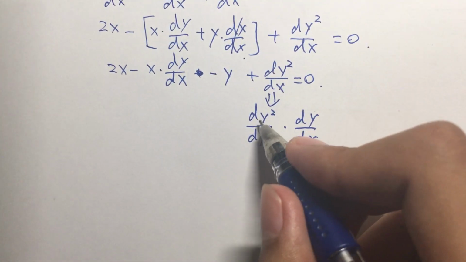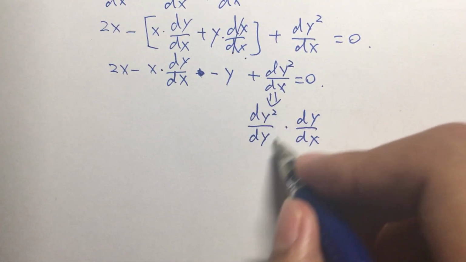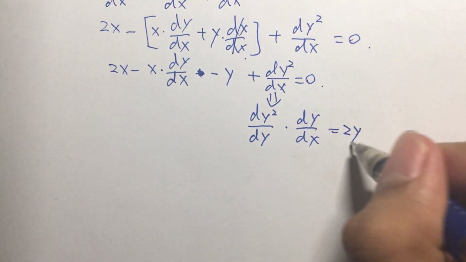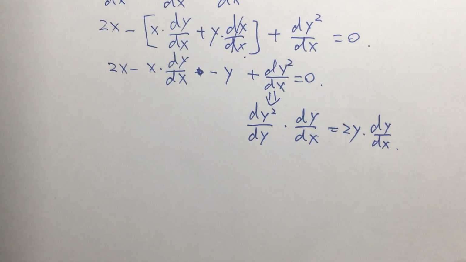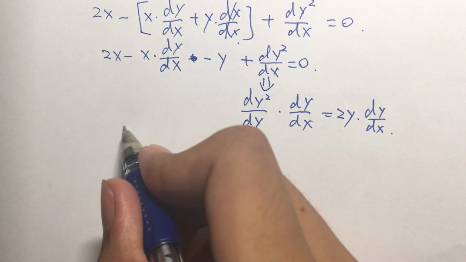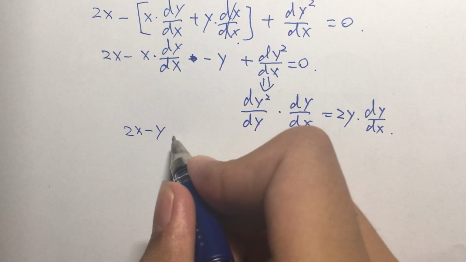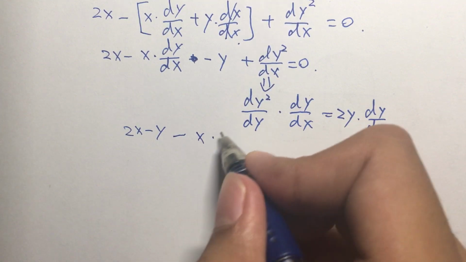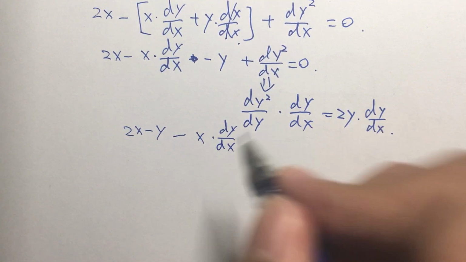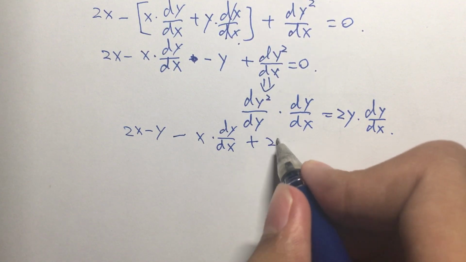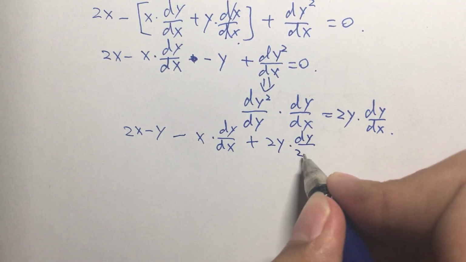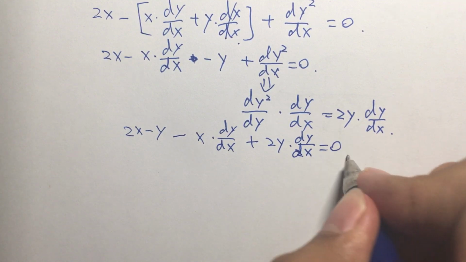So if we have dy squared over dy, we can change this into 2y. So we have 2y times dy over dx. And now our answer will be 2x minus y minus x times dy over dx, and then plus 2y times dy over dx equals 0.